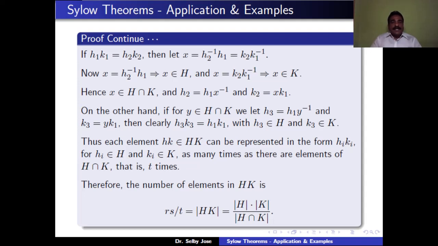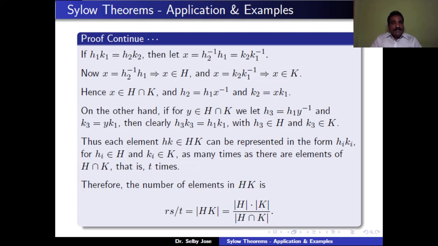So this means that any element hk can be represented as hi ki, where hi is in H and ki is in K, and it can be represented this way a certain number of times.